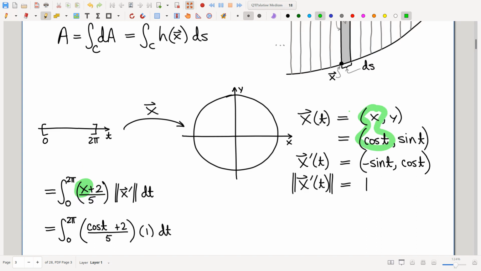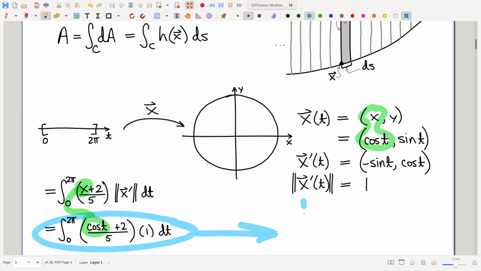The parameterization here specifically tells you position in the xy plane as functions of t. In other words, it explicitly gives you x as a function of t, and so x is cosine t. And we've got ourselves a single variable integral and plug and chug, and by the way, make sure you can do that and get the right answer. Okay. Everybody happy?